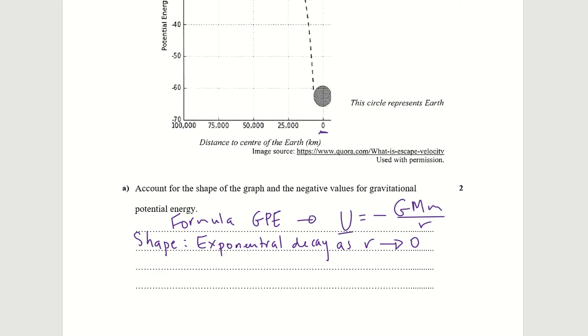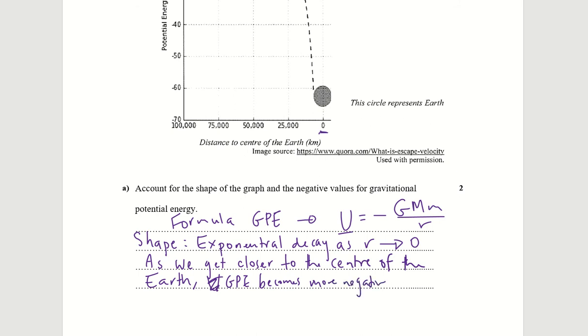So as we get closer to the center of the Earth, the gravitational potential becomes more negative, or smaller, because if a negative number gets more negative, it's a smaller number.